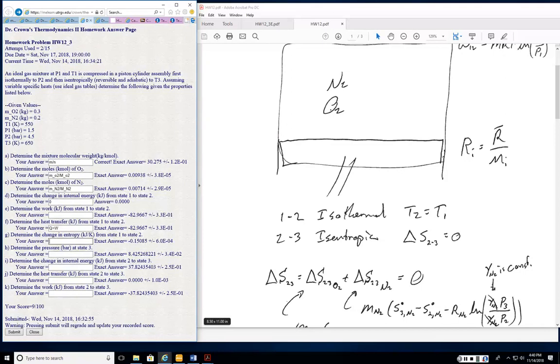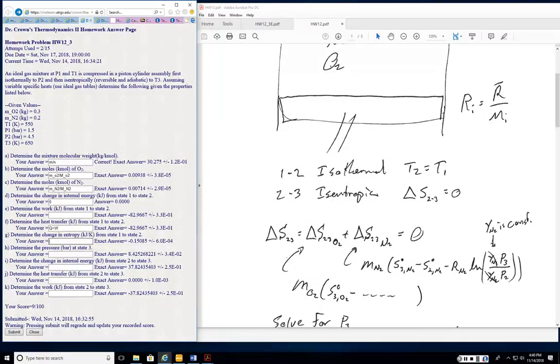So I've got delta S total equals the sum of the entropy change for the oxygen and the nitrogen. And the equation for finding change in entropy is the mass times the change in specific entropy. So the mass of each times the change in specific entropy for each gas. s naught is a function of temperature, and so for temperature 1 and temperature 2, those two terms will cancel because they'll be the same value.